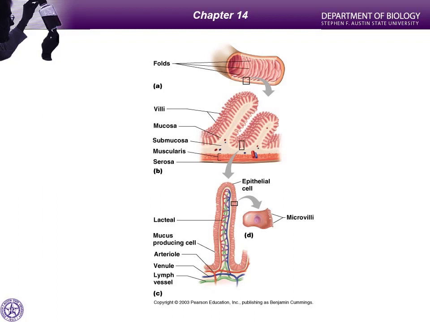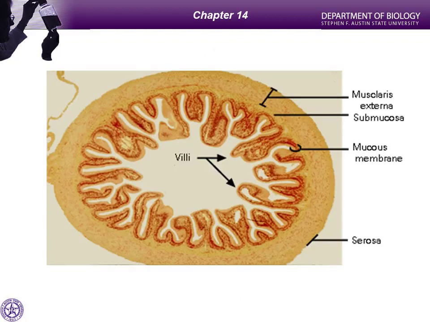This is an actual histological cross-section through your small intestine. And do you see these villi, these projections sticking out? And all on the surface, you can't see the individual cells, but all the individual cells are directly on the surface of the villi. And do you see that white space in the center of the villi?